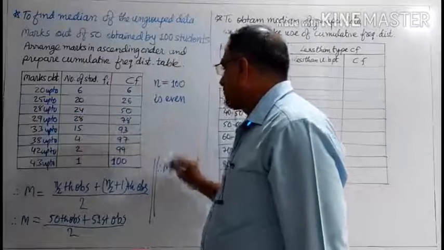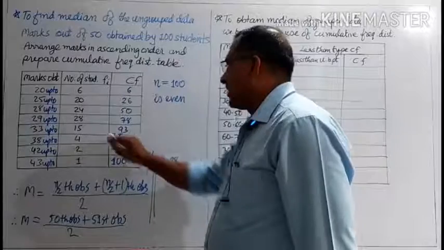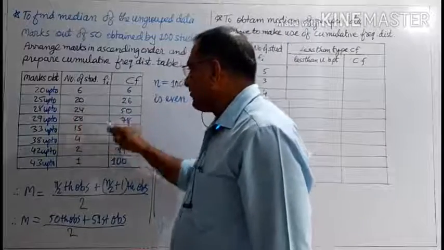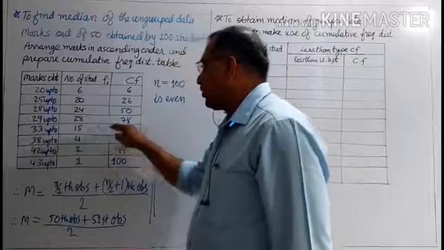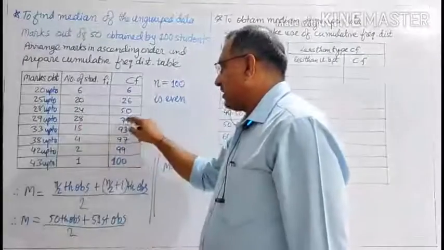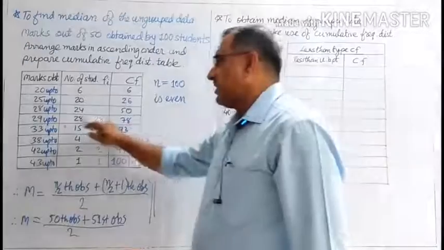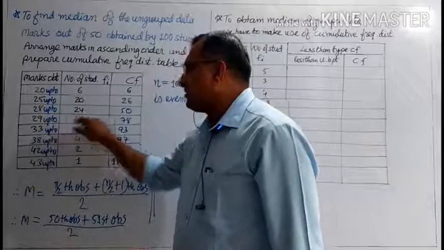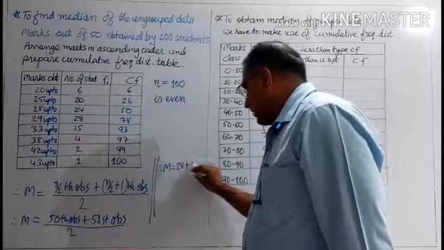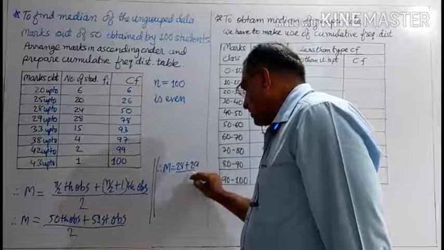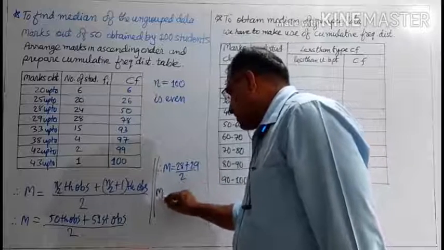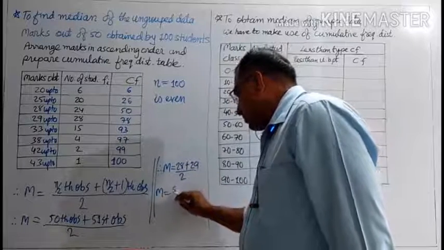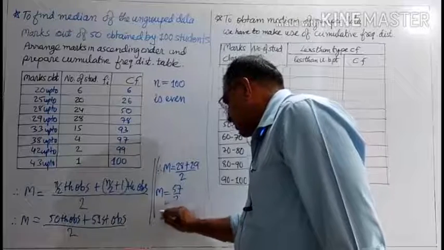So 50th student has scored 28 marks. And then next to that 51st student, 51 to 78, has scored 29 marks. And so the average of this is equal to, here we will get 57 by 2.